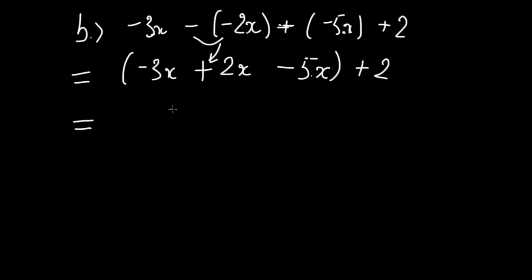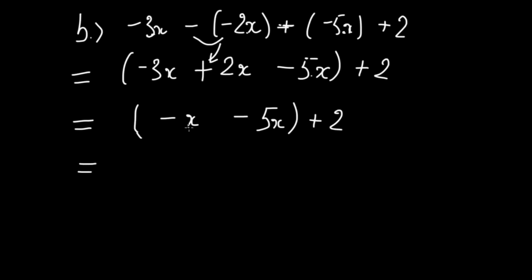So the next step, we need to perform the addition and subtraction inside the parentheses. So you got negative 3x plus 2x, you got negative x, minus 5x, then plus 2.